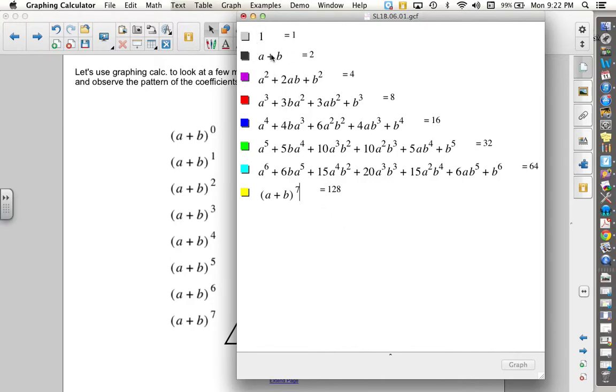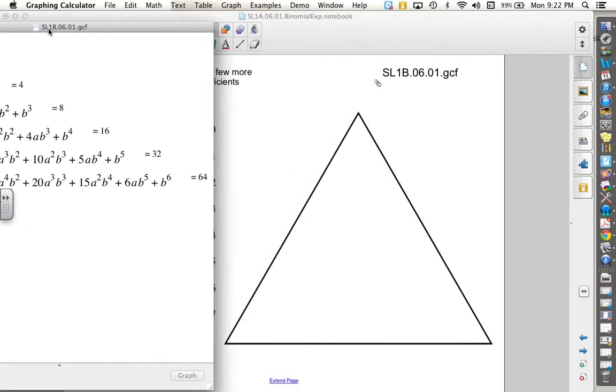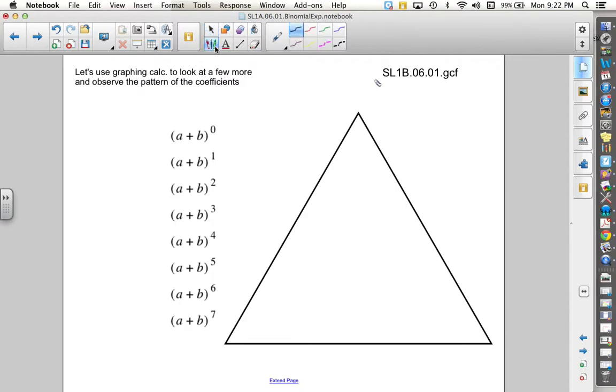Now, we're going to rewrite just the coefficients of these expansions, to see if we can recognize a pattern. From the first expansion, there's only one coefficient, 1. Here, there was 1a and 1b. Here, there was 1a squared, 2ab, and 1b squared. Then we had 1a cubed, 3a squared b, 3ab squared, and 1b cubed.